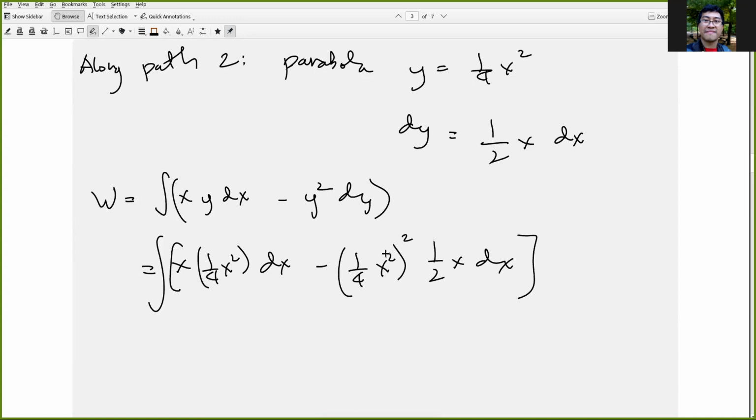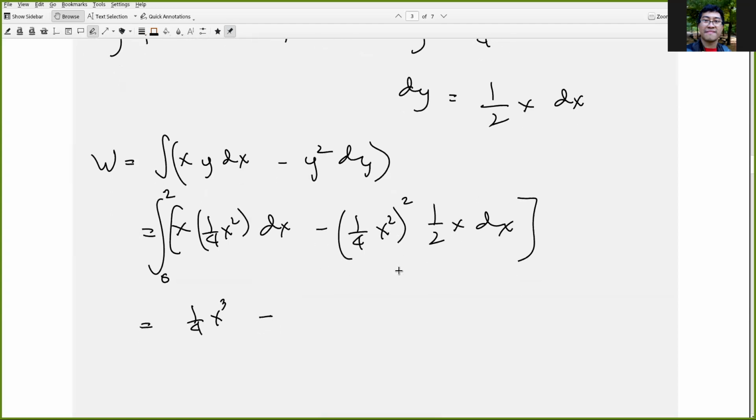Since we're using the x variable here, it goes from 0 to 2. So you have 1 over 4 x cubed minus, here it's 1 over 16 times 1 half, that's 1 over 32 x to the 4, times x, that's x to the 5.